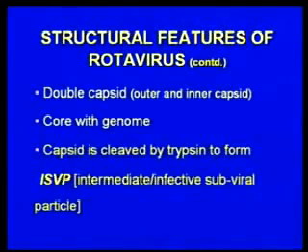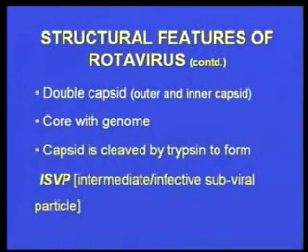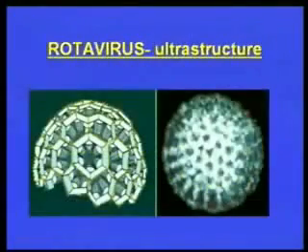And so it's interesting to see this concept of an intermediate or infective subviral particle. And that is basically some change that trypsin initiates in the capsid that makes the particle more infective or more likely to adhere. And this is thought to be with the cleavage of the protein on the surface called VP4.